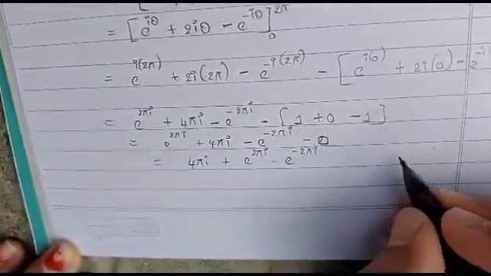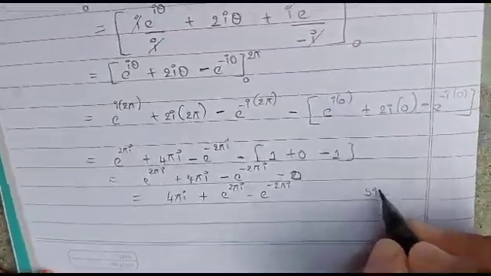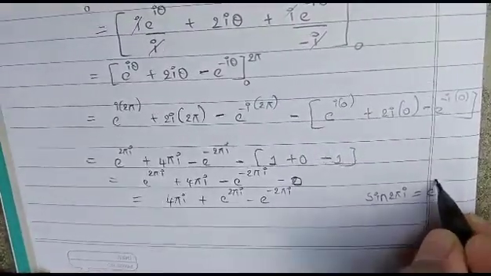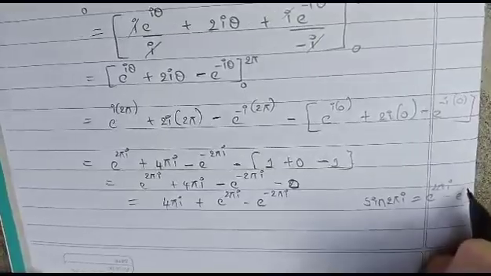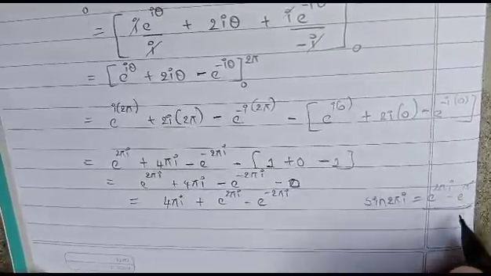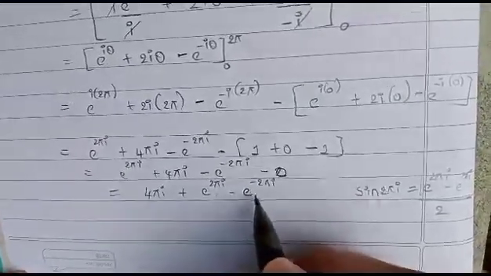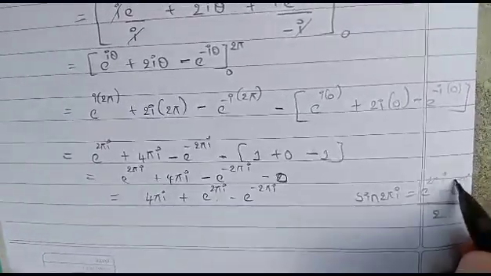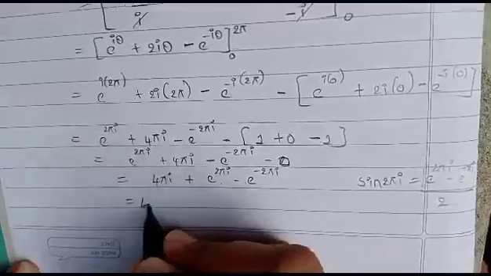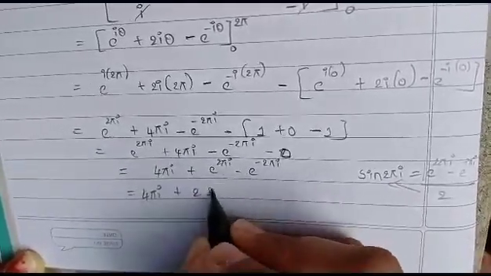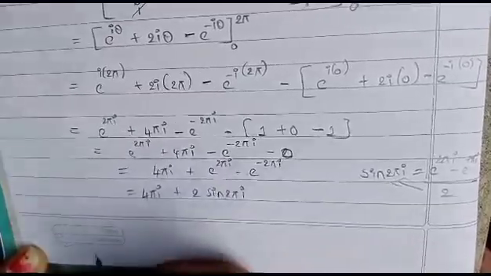We have the formula for sine 2 pi i, that is equal to e power 2 pi i minus e power minus 2 pi i divided by 2. Here e power 2 pi i minus e power minus 2 pi i can be written as 4 pi i plus 2 into sine 2 pi i.